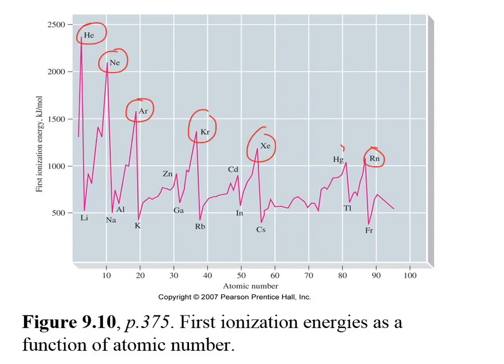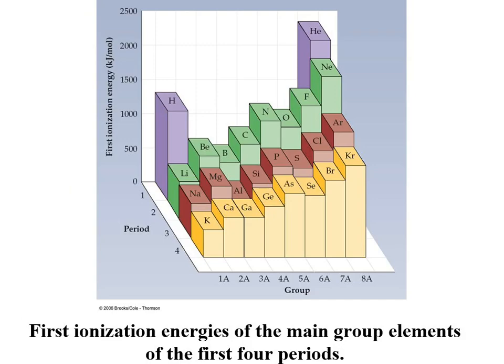In general, it gets harder to kick off an electron the closer you get to the rare gas. Like I said, there are some exceptions. This again is just showing you the picture of ionization energy. This is potassium. So this is period 2, period 3, period 4, going across just the group A elements.